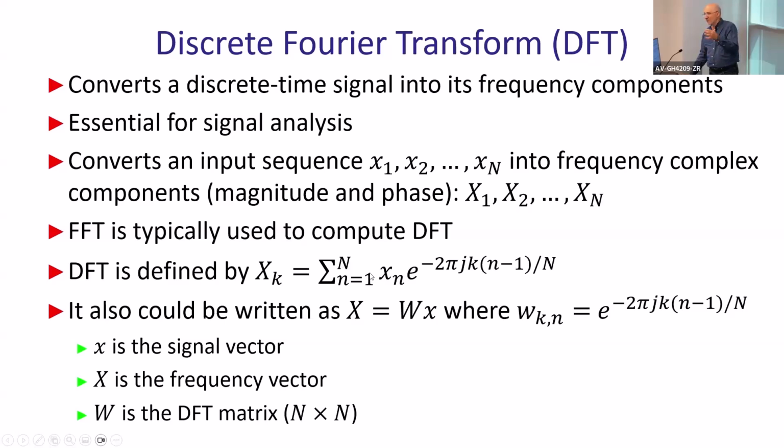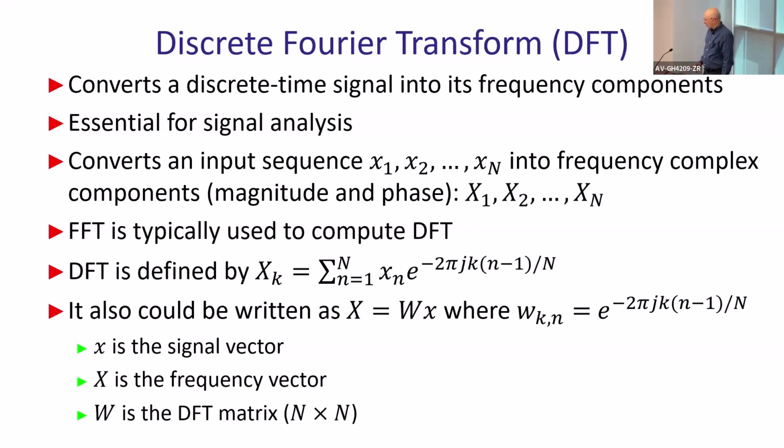So it's like x1 times something plus x2 times something plus x3 times something. So it's a linear combination of values of x, and this is exactly what that thing would be doing for you. Okay, this is how it works. So x will be the signal vector, capital X will be the frequency vector, all these elements X_k, and W will be the DFT matrix, which is an m by n matrix in that case.